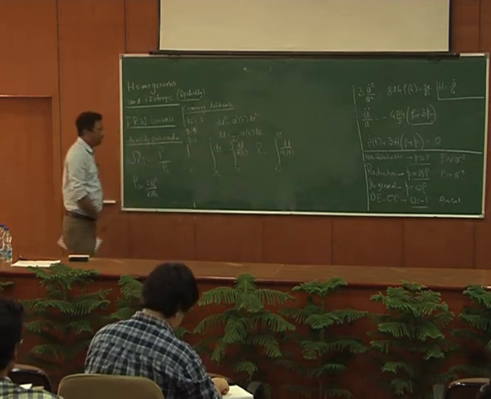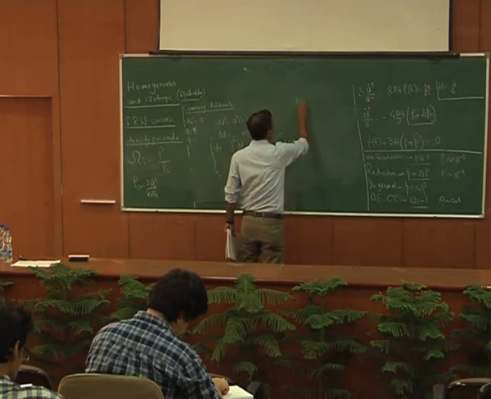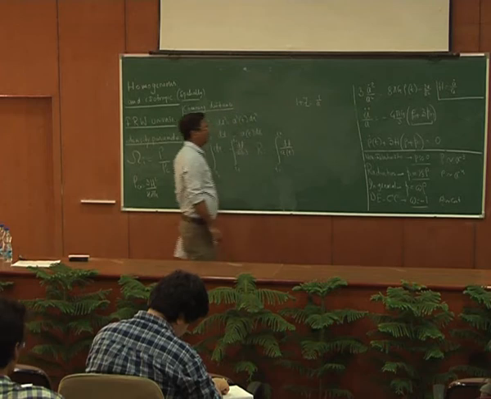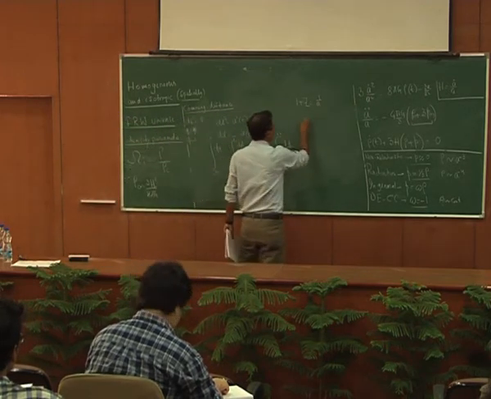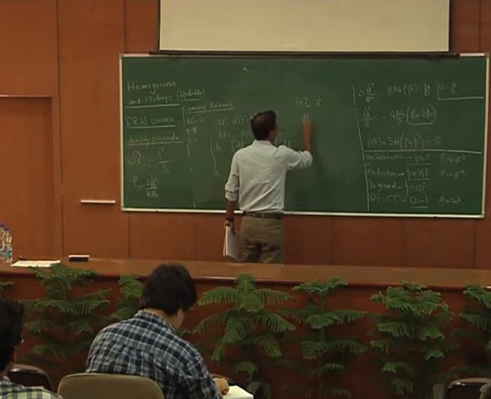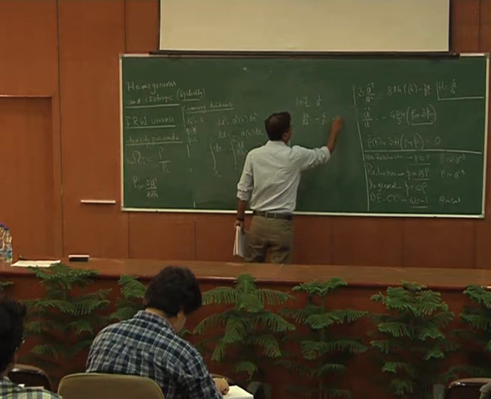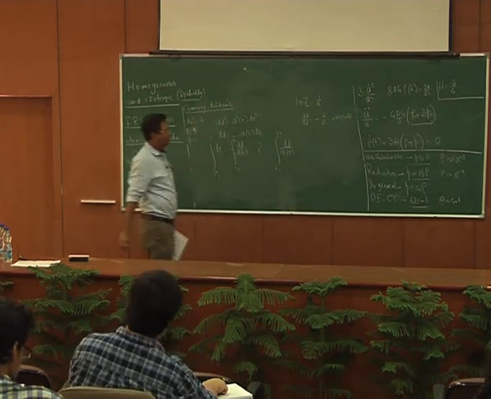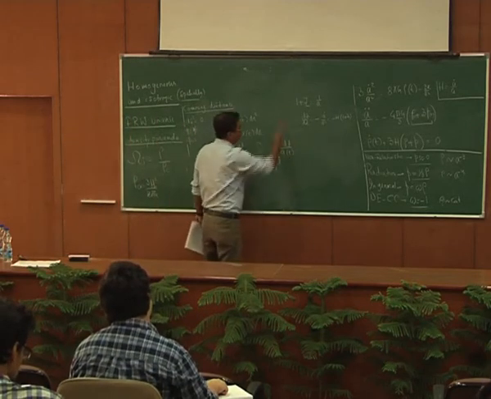You can change this a little bit. We know that 1 plus z, the redshift, goes like the inverse scale factor. So I can use this because dz/dt is minus a dot by a squared, which is minus H into 1 plus z. So I can write dt in terms of dz, and 1 by a is 1 plus z.